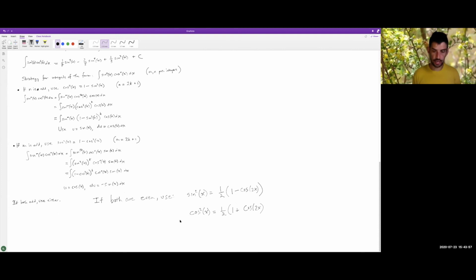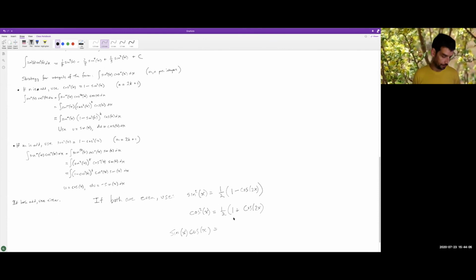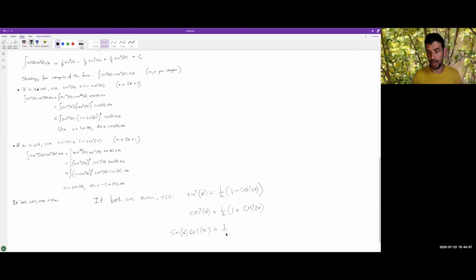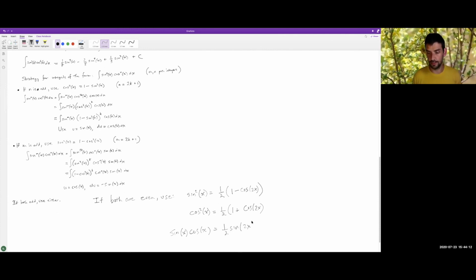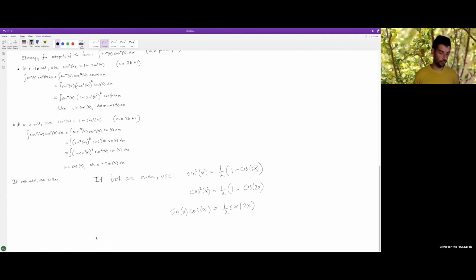And then another identity that might prove useful, sine of x times cosine of x is equal to 1/2 sine 2x. Okay, so these can prove useful when they are both even.